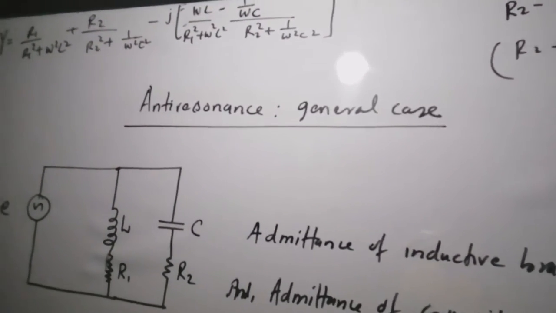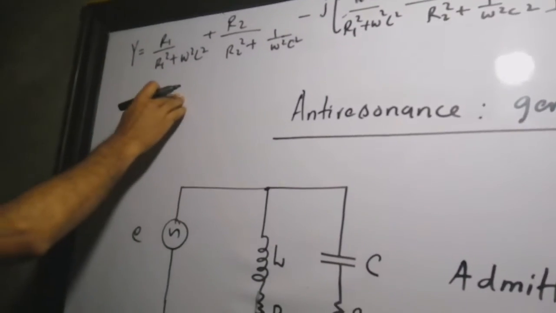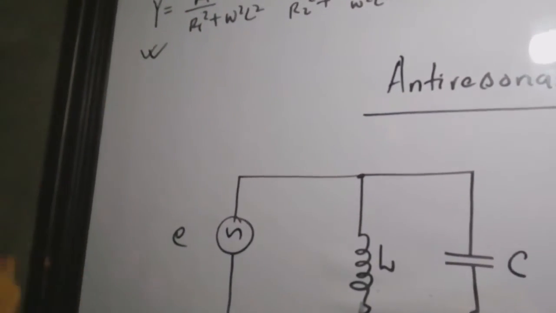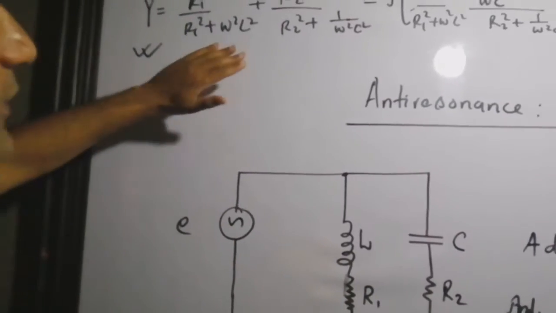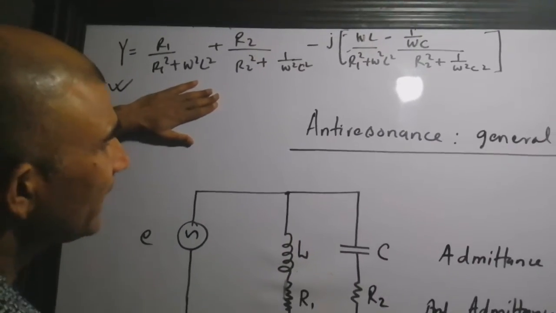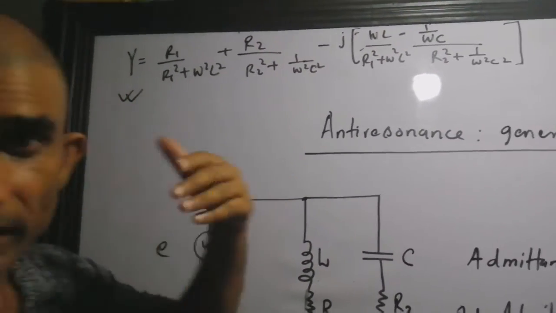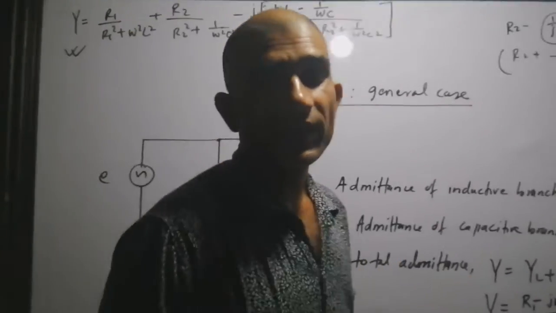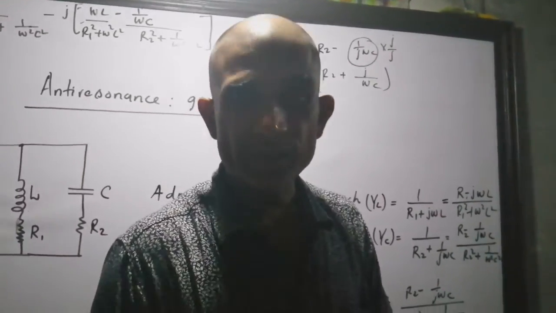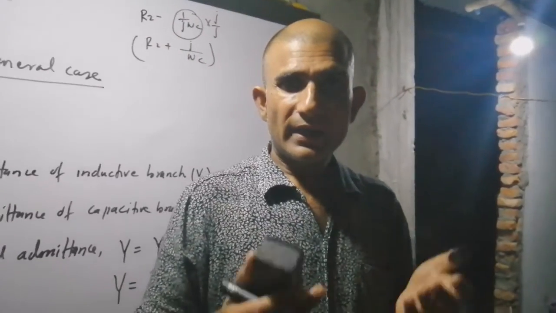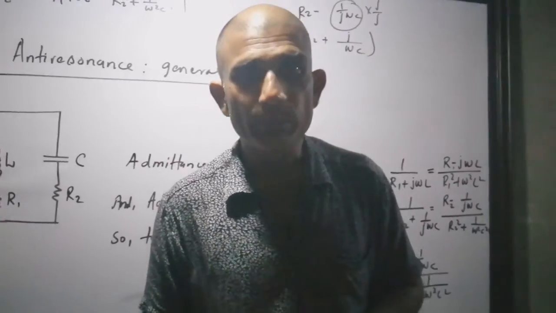Okay, now we know that this is the admittance, and after getting the admittance, to find the frequency of anti-resonance, or anti-resonant frequency, we know what happens at anti-resonance or resonance: current and voltage are in the same phase.